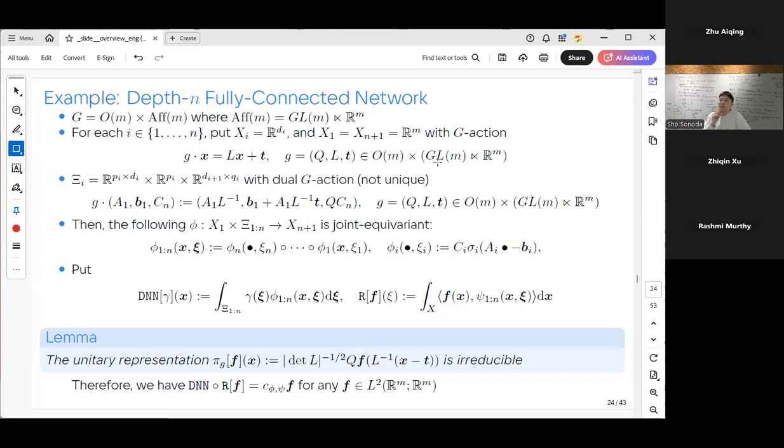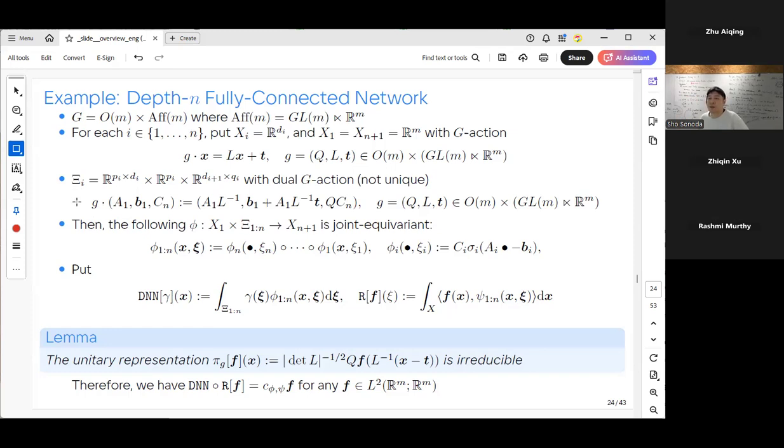And the second example is for the depth-n case. For the depth-n case, the group G is a product group of the orthogonal group O(m) and the affine group. Again, the group action on data is given by the ordinary group action of the affine group on x. Here L is a matrix and t is a vector. On the other hand, we can find several dual G actions, but this is one example.